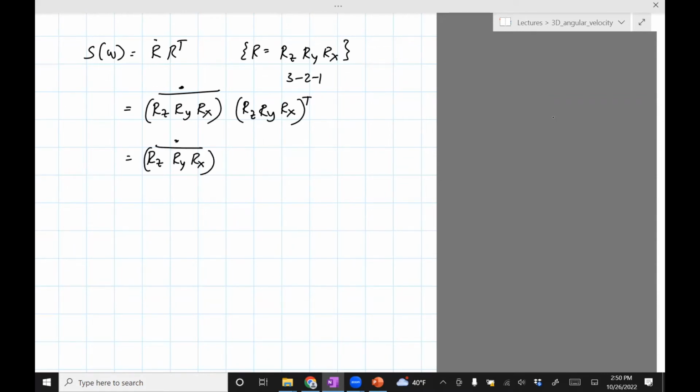And then for RZ, RY, RX transpose, all I need to do is take RX, RY, RZ with the transpose in each of them, just like (A B) transpose is B transpose A transpose. So you can just apply that in sequence. So I get RX transpose, RY transpose, RZ transpose.